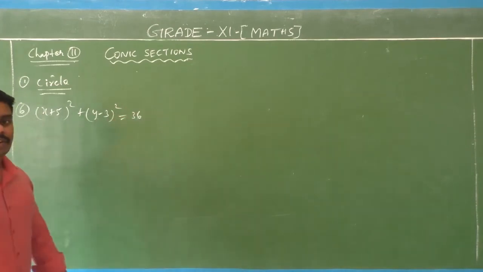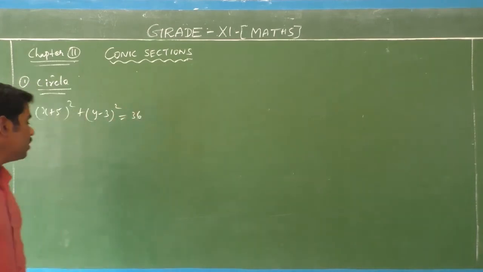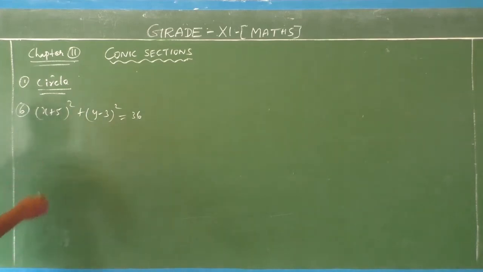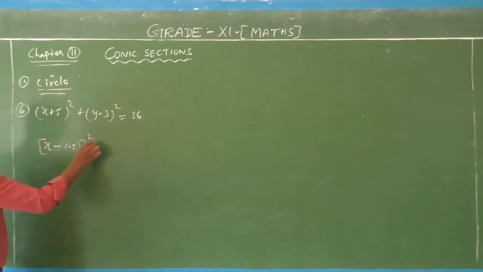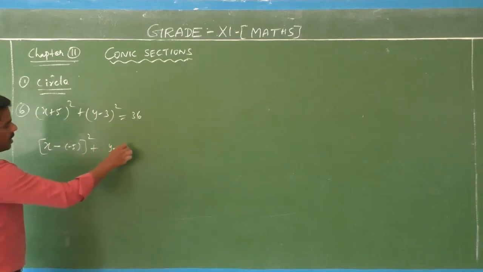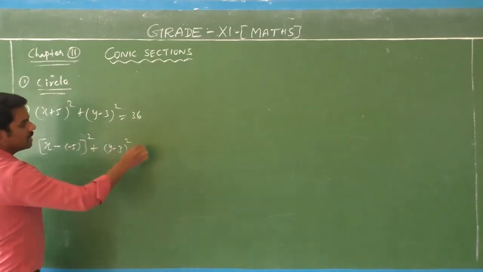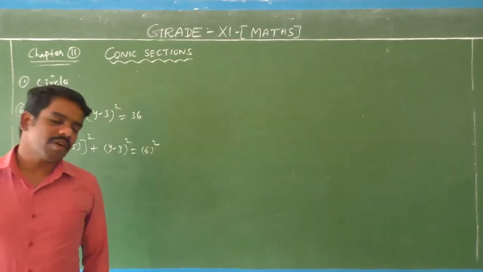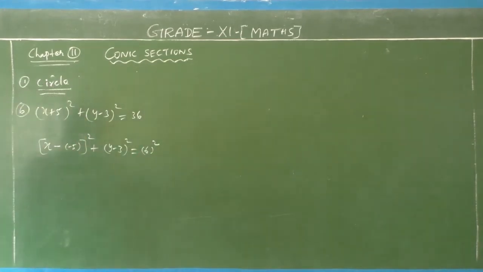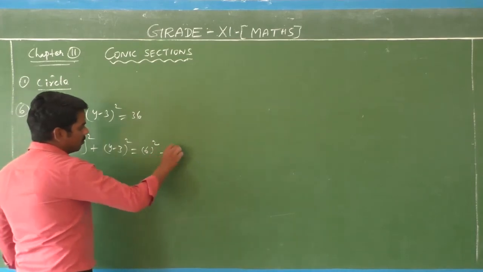We need the center and radius of this circle. This equation is written as (x minus of minus 5) the whole square plus (y minus 3) the whole square equal to 6 square, since 36 is written as 6 square. This is equation number 1.